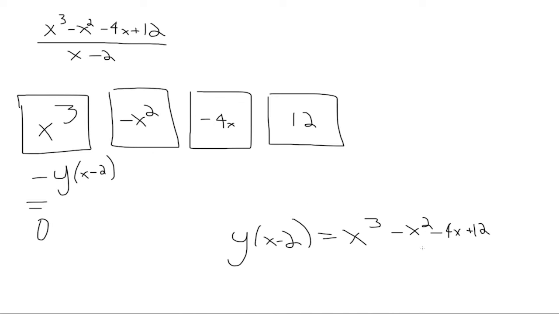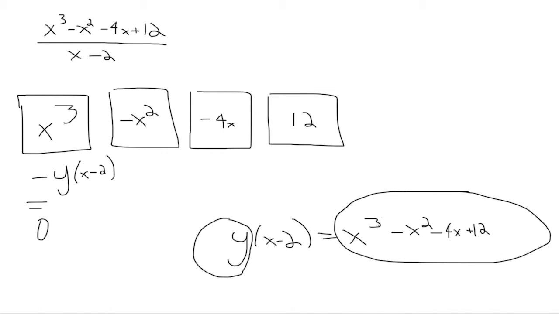So how does that help us? Well, if these two are equal, then y is how many x minus 2's fit into this x cubed minus x squared minus 4x plus 12. If y times x minus 2 will equal this, that's basically saying how many x minus 2's will fit into this.